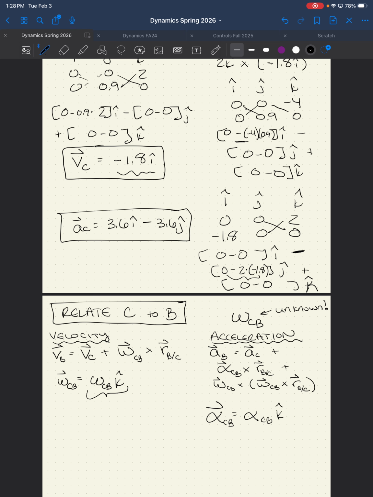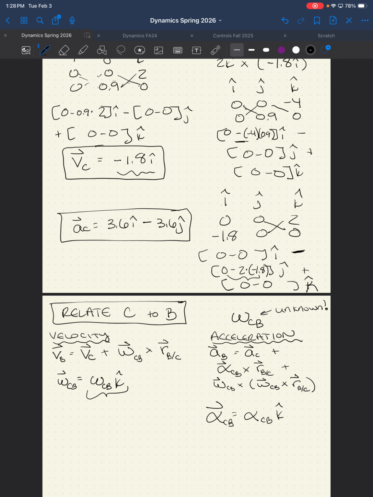This is the vector that points to B from C. It looks like I'm going in the negative i-hat direction by 0.6, and then the negative j-hat direction by 0.6.